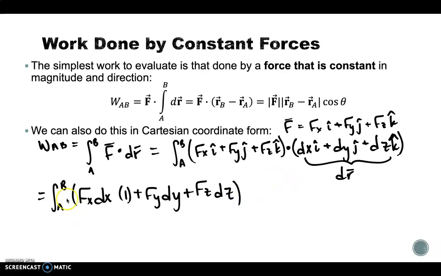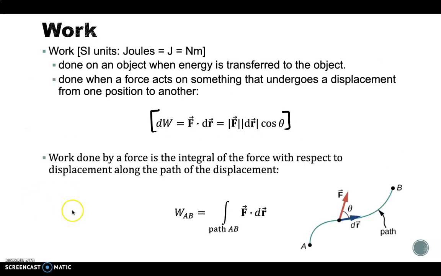Okay, so now this is our integral, and as you can see, it is now not a vector anymore. It is a scalar, which makes sense because work is a scalar. Okay, I forgot to mention that in our last slide here. Work is scalar.